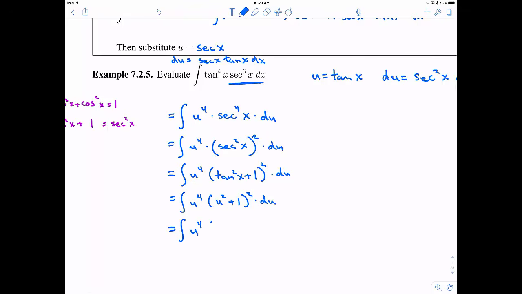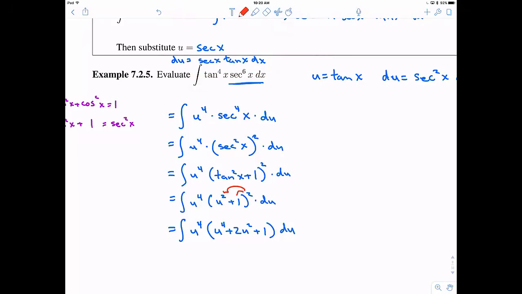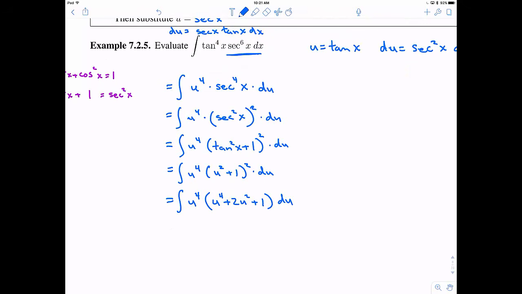Now I need to FOIL this out, and we have to FOIL it out carefully. So u to the fourth plus 2u squared plus 1. You have to remember you can't just distribute that squared. If you were to just distribute it, you'd get the u to the fourth part and the 1 part, but you'd miss the 2u squared. So you have to actually FOIL. That's a common mistake.